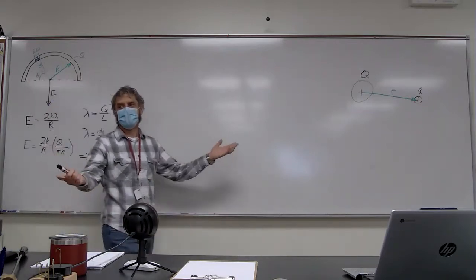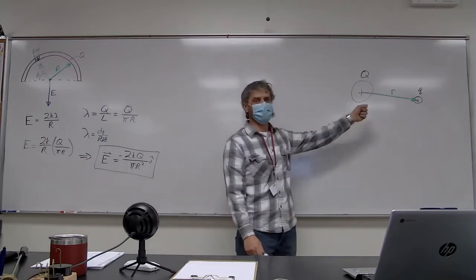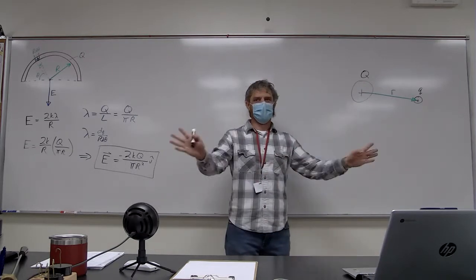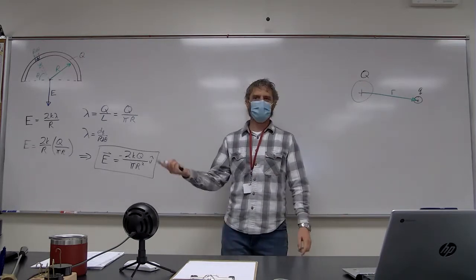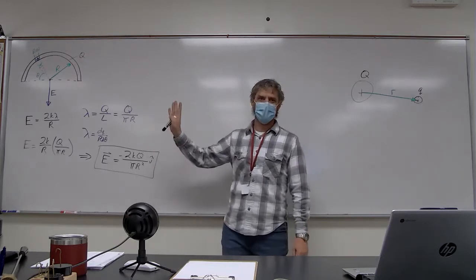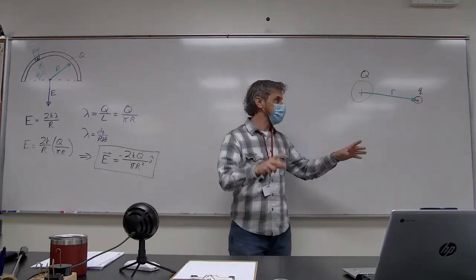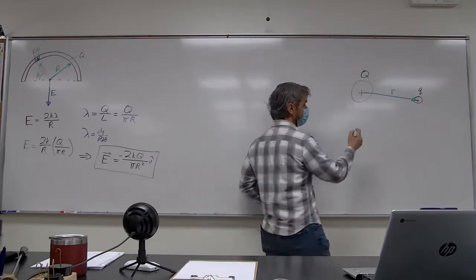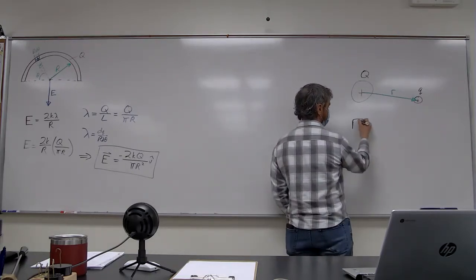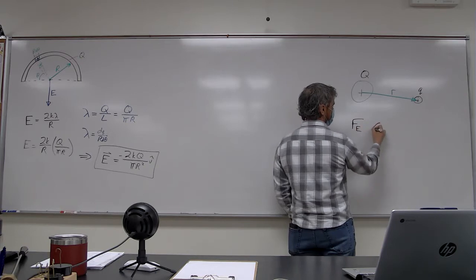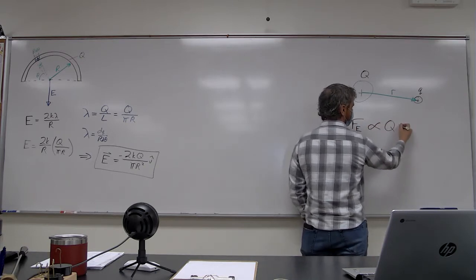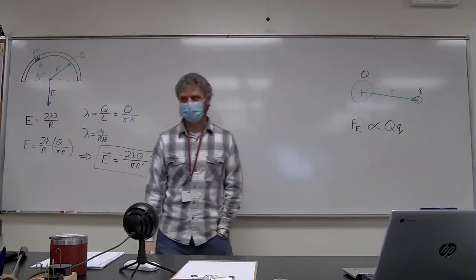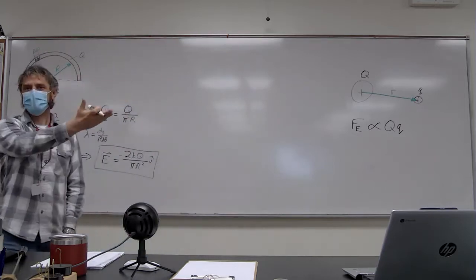You can't have moving charges, or at least accelerating charges, without electric forces. So everything, power grid, chemical bonding, everything we learn about for the rest of this class, all traces back to Coulomb's law. And Coulomb's law is as simple as this. The electric force between these two charges is directly proportional to the product of the two charges. This is easily determined in a lab.